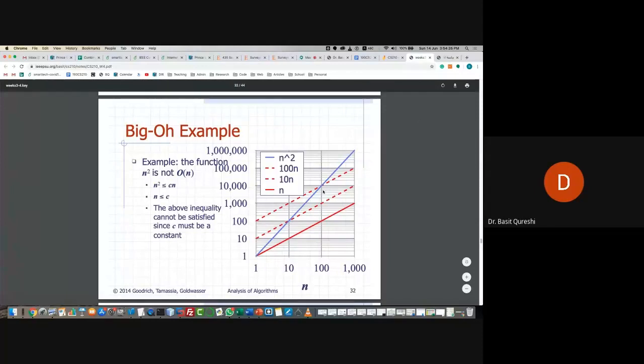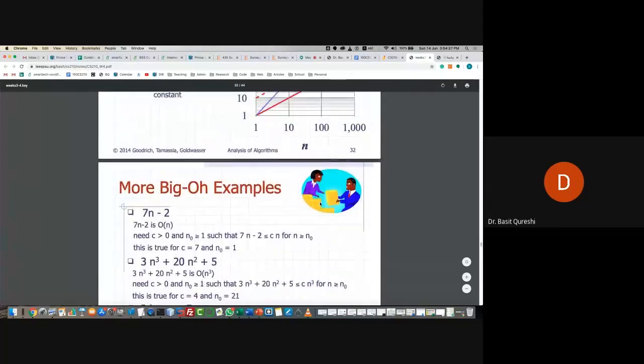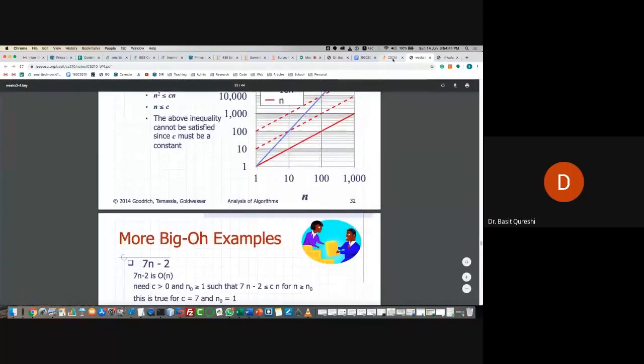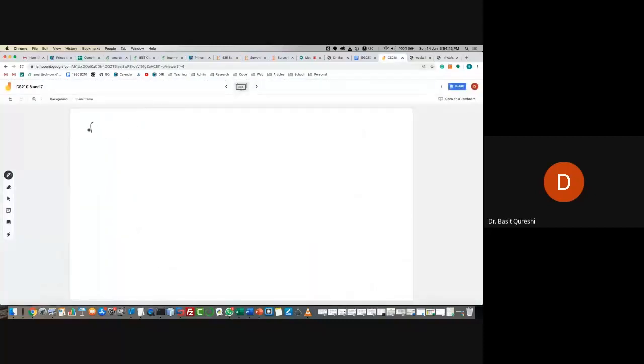Another example. Let's try to do this one. So f of n is 7n minus 2. Prove it is big O of n. So again, what should we do?